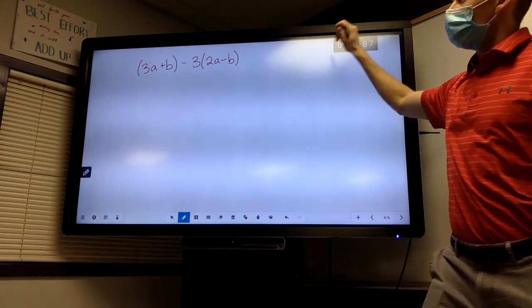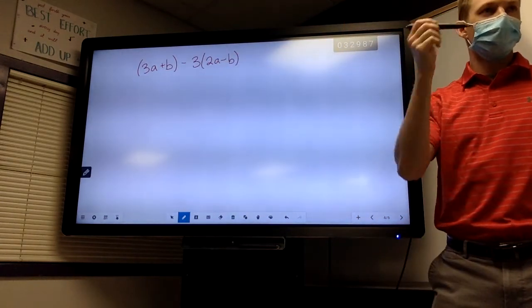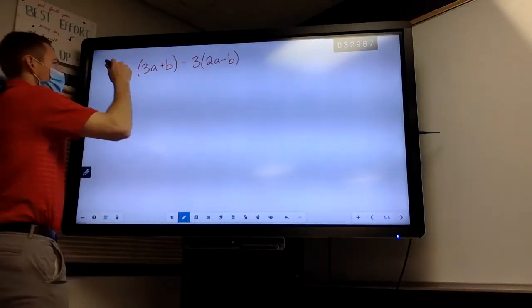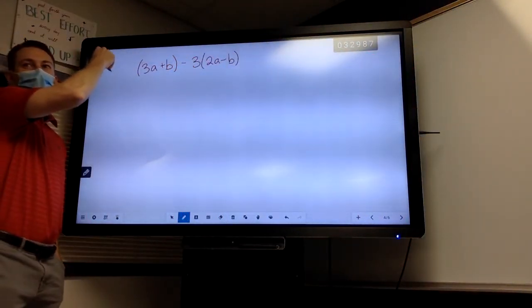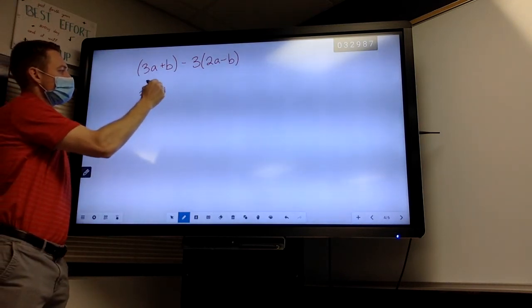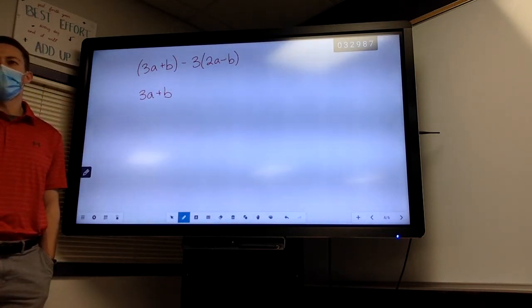Now, when we have a number outside of parentheses, again, what do we do? Distribute in, right? So let's just rewrite the first term because there's nothing to distribute from the outside. So we have 3a plus b. We just drop the parentheses because we're going to combine our like terms later.